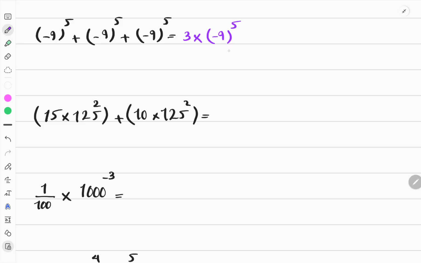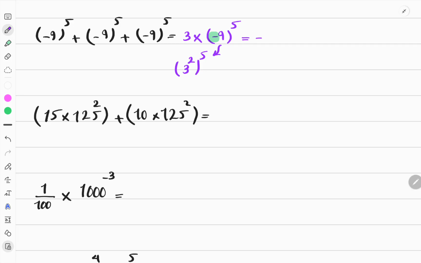There is no common base or exponents, so we just need to rewrite 9 as 3 squared raised to the 5. But how about this negative sign? You can see that we have 5 negative signs, and when the number of negative signs that are multiplying is an odd number, the final answer is a negative sign.